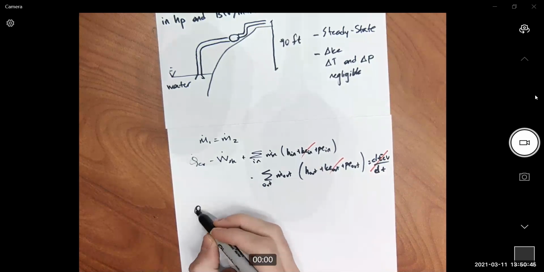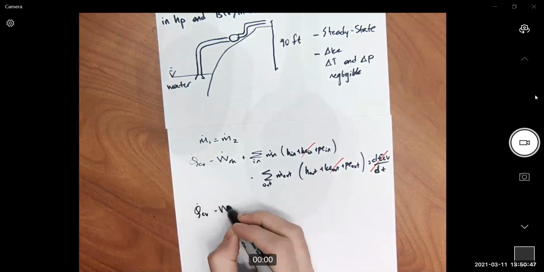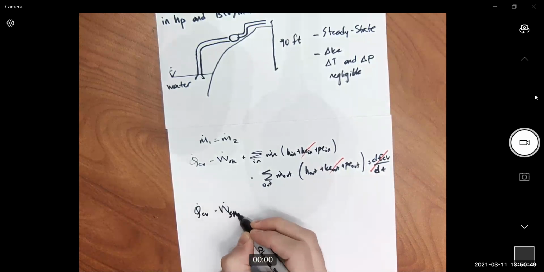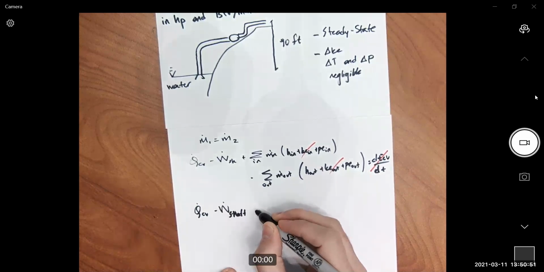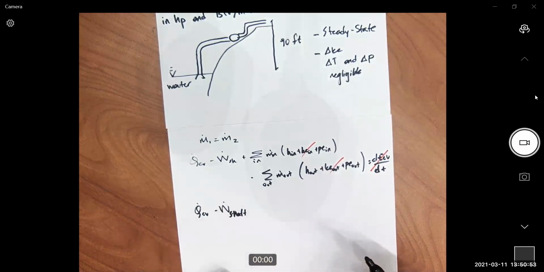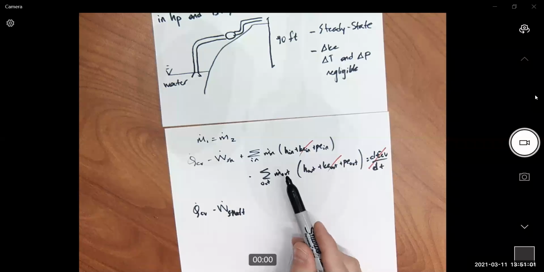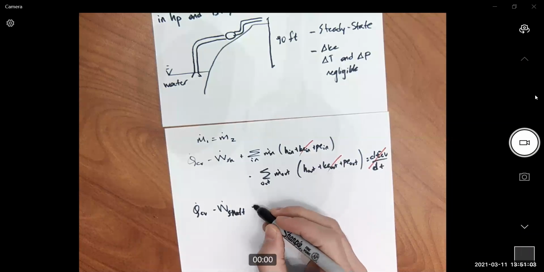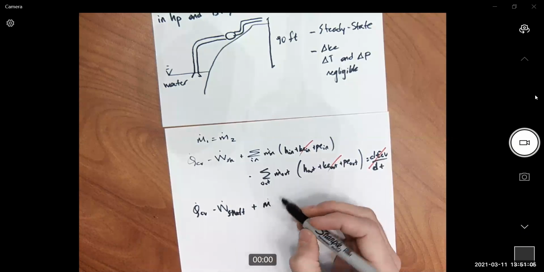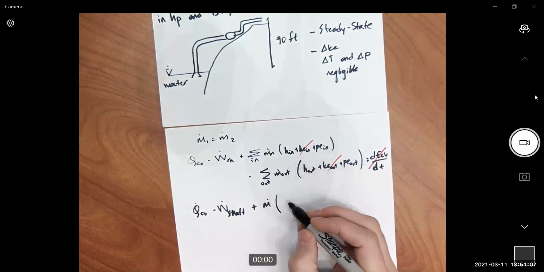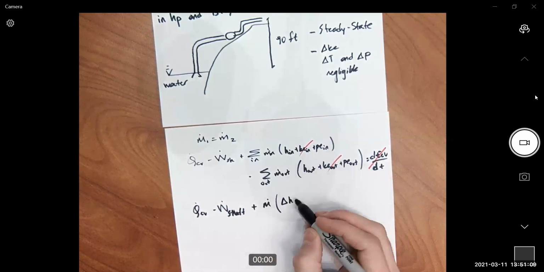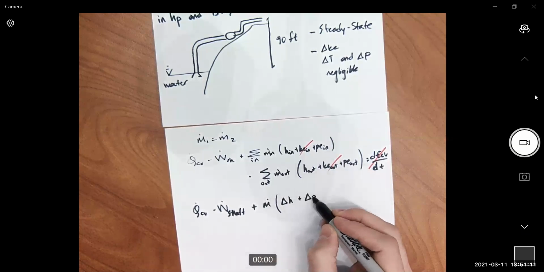So Q control volume minus work shaft, and I can combine these two because I have the mass conservation, m in equals m out. So plus m delta h, with delta potential energy.